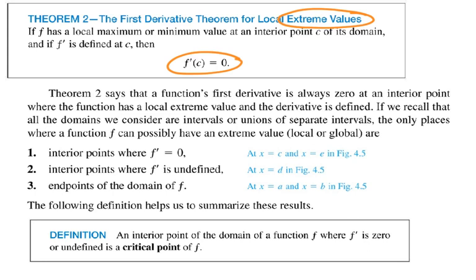Reading what I've pulled in from our text here, Theorem 2 says that a function's first derivative is always 0 at an interior point where the function has a local extreme value, a max or min, as long as the derivative is defined there.